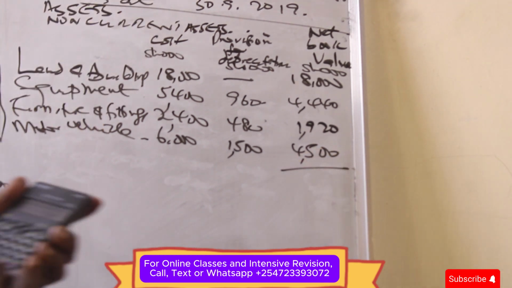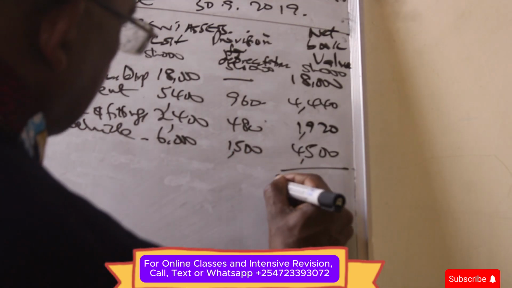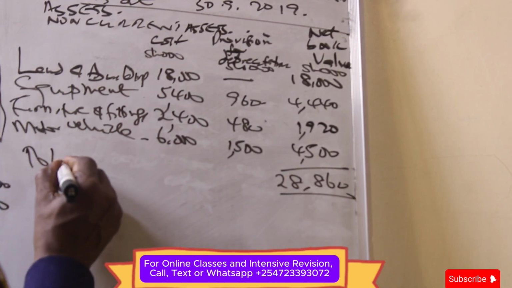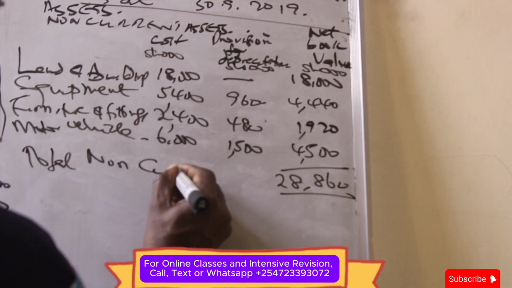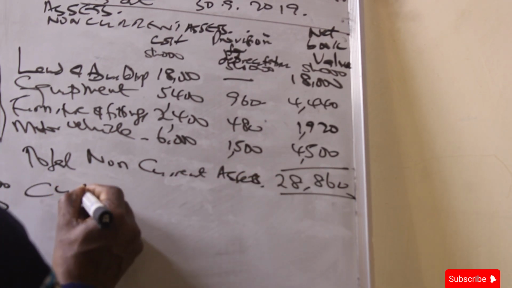We add them up: 4,500 plus 1,920 plus 4,440 plus 18,000, and we get 28,860. That is total non-current assets.